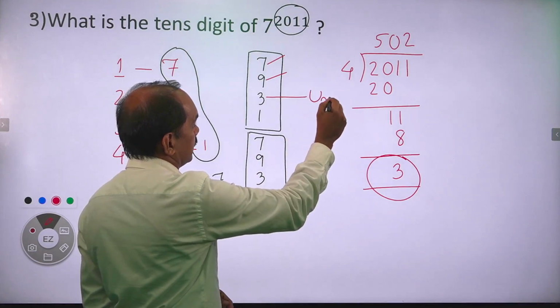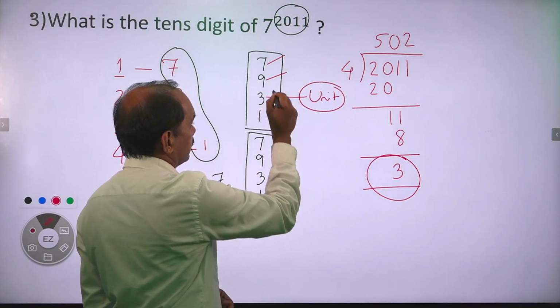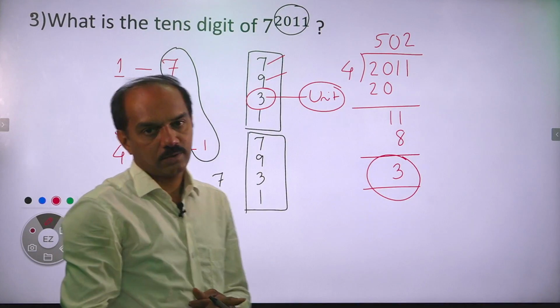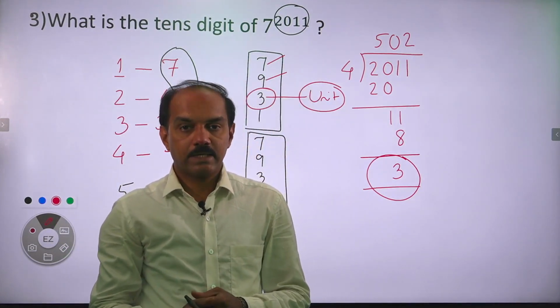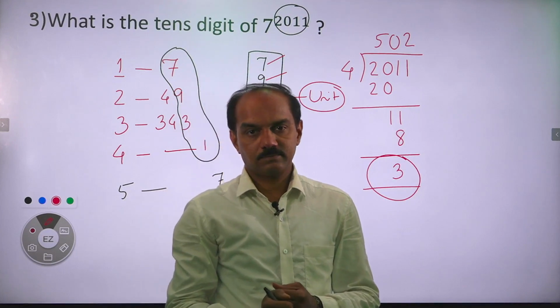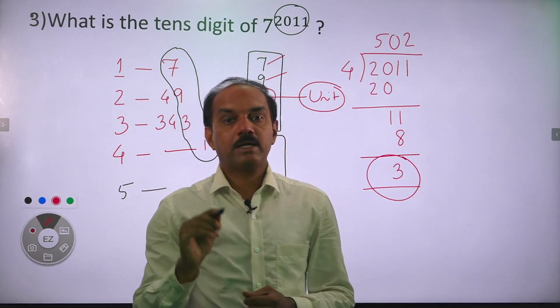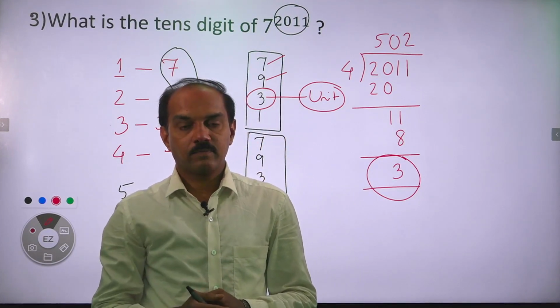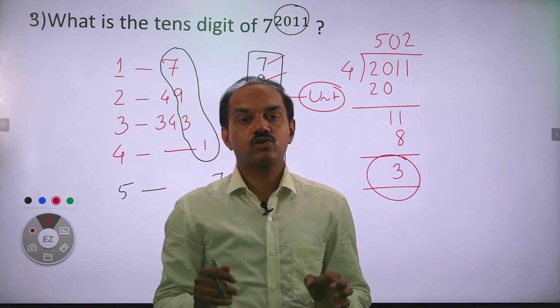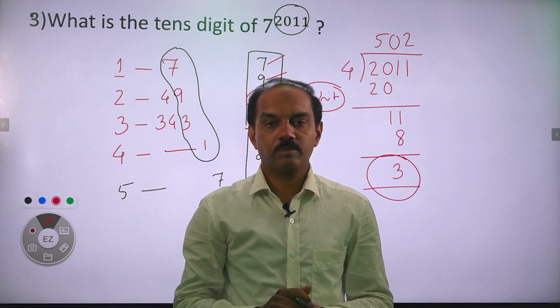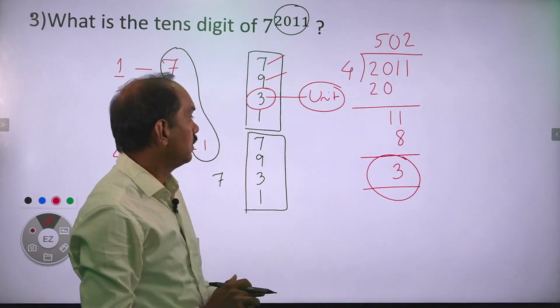This is the digit in the unit place. This is how we will have to find out, right? The digit in the unit place will be 3. Okay, if you multiply 7, 2011 times, and if you check only the digit in the last place, it will be surely 3. This is how we must obtain the digit in the unit place.